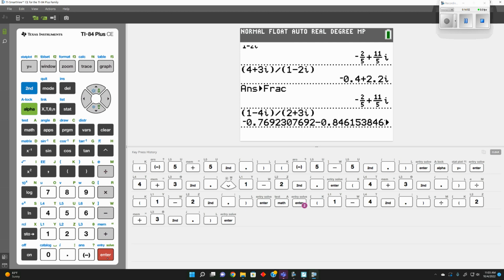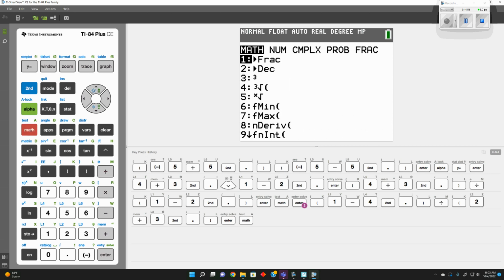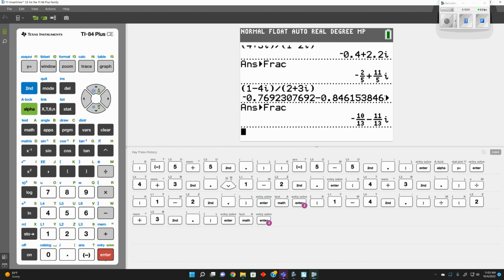Now this time it gave us not as nice decimal answers, but that doesn't matter because if we go math, enter, enter, it gives it to us in fractional form. How'd you get the fraction? Math. Enter. Oh, okay. So negative 10/13 minus 11/13 i is the answer.